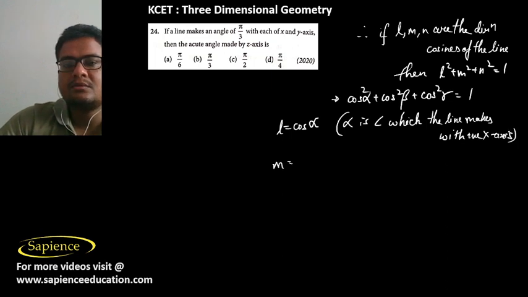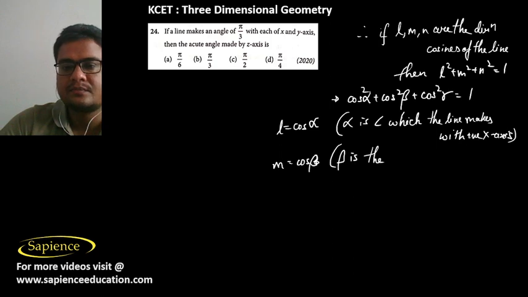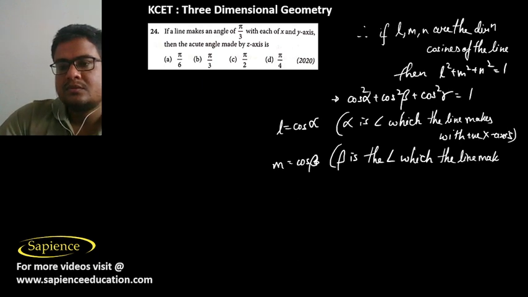And m is cos beta, where beta is the angle which the line makes with the positive y-axis.